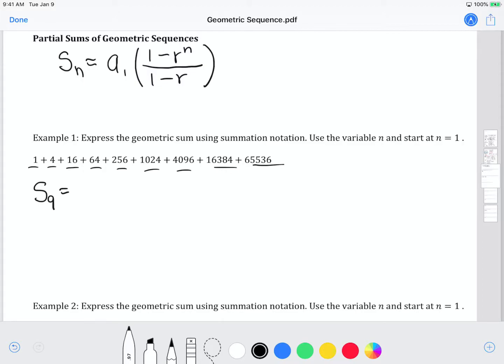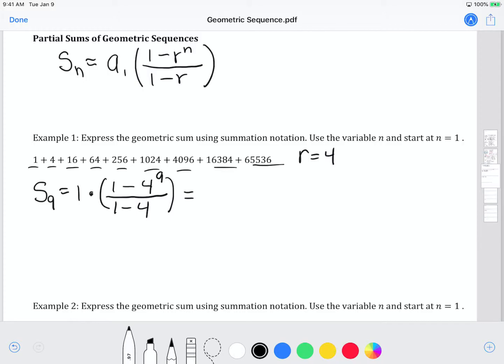So we need to take the first term, which is 1, times 1 minus r to the n. Now r in this case is 4 because to get from one term to the next term, we have to multiply by 4. So I'm going to have 4 to the power of n, which in this case n is 9 because we're trying to add the first 9 terms, over 1 minus 4.